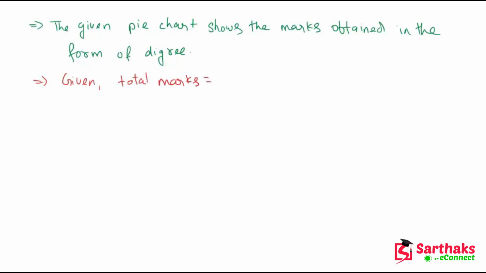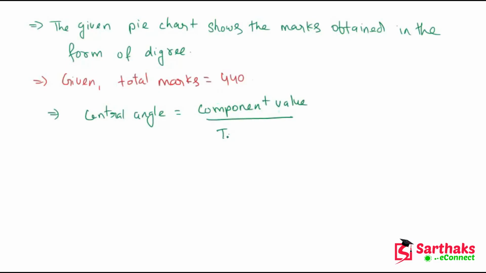What is 440? Okay, now we know that the formula of central angle is component value divided by total value into 360 degree, and here we have to find the component value.